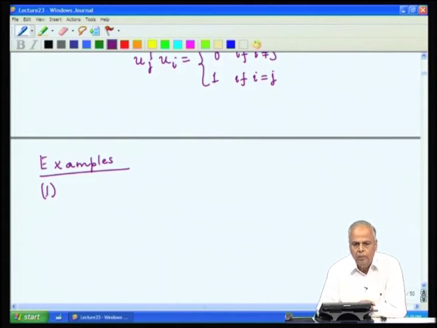Since we have seen that this notion of orthonormality is a generalization of the i, j, k vectors, the i, j, k vectors come out as the first natural example of orthonormal sets.